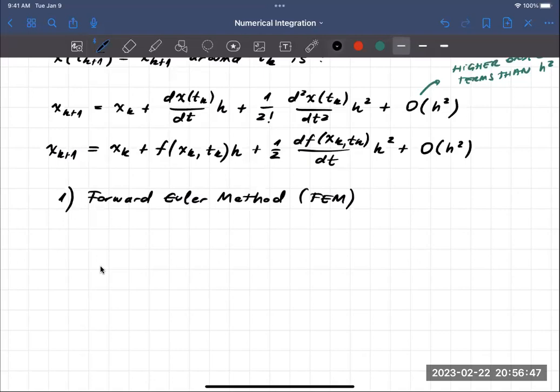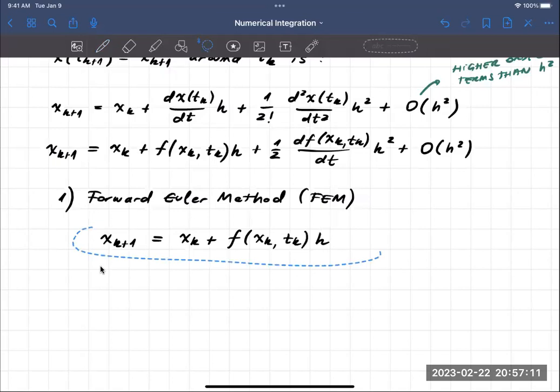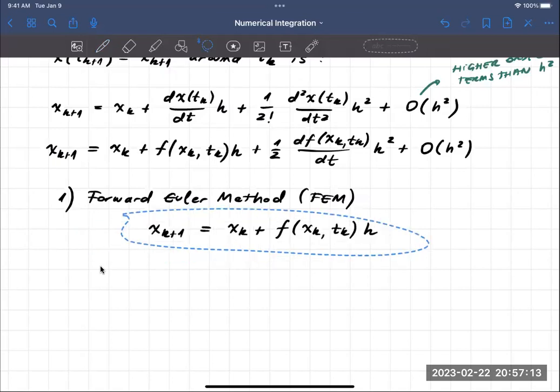We approximate x of k plus 1 equals x of k plus the derivative evaluated at time tk, f of xk, tk, times h. This method is very simple and very straightforward.